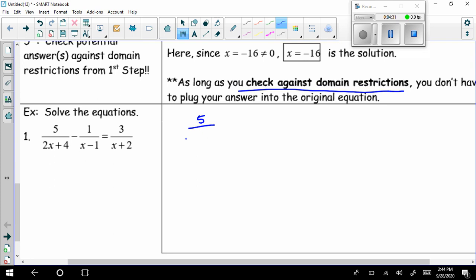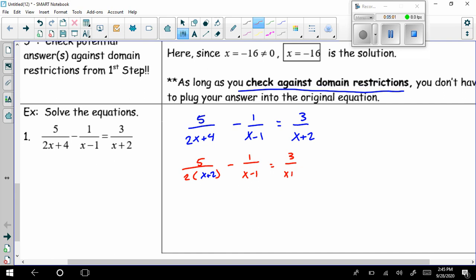So you have 3 fractions here, and just like we started with our addition problems, we're going to start these the same way. The first step is to factor anything I need to factor. So here it's taking out a 2, leaving that x plus 2 inside. That gives me the ability to see if I have any like denominators already and what my complete LCD might be.